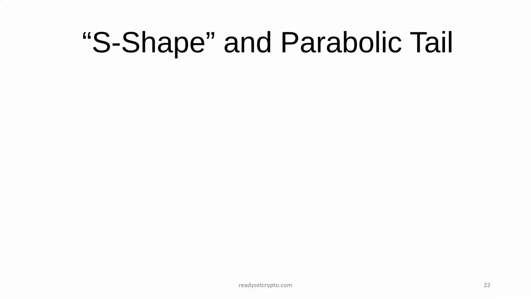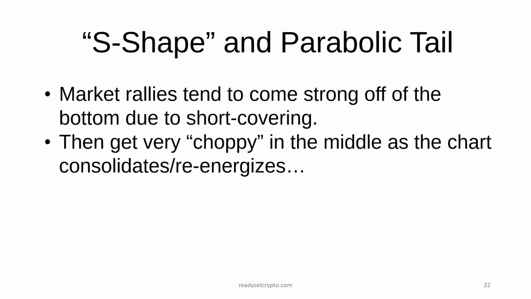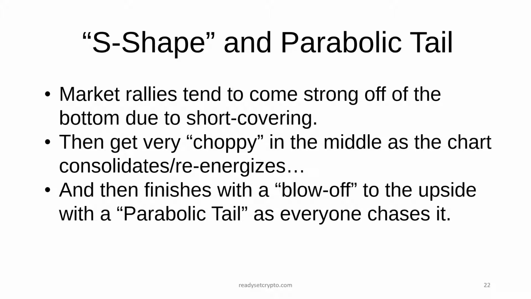I want to add one more thing here, which is something that I typically see in, I would say, more rallies than sell-offs, which is called the S-shaped rally and the parabolic tail. So I see this in every type of market. Market rallies tend to come strong off the bottom due to short covering, and then they get very choppy in the middle as the chart sort of finds a balance and the bulls and the bears argue between themselves, and then eventually we finish with a kind of a blow-off top to the upside as everybody chases it.